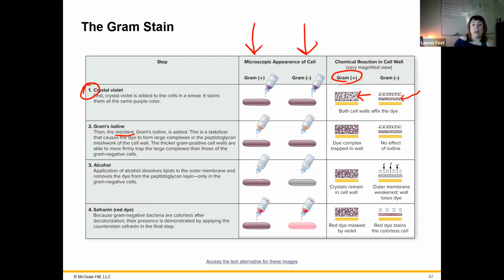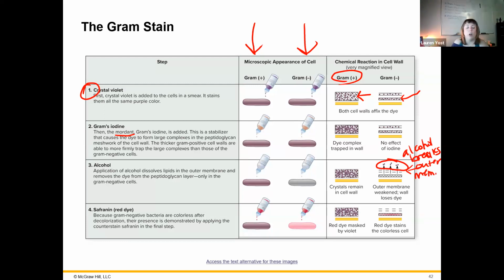Then we rinse with alcohol, and if it didn't get stuck by the mordant, the crystal violet will rinse out with the alcohol. The alcohol is also going to break down that outer membrane of the gram-negative.